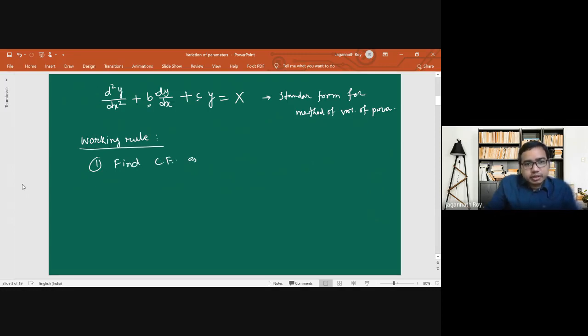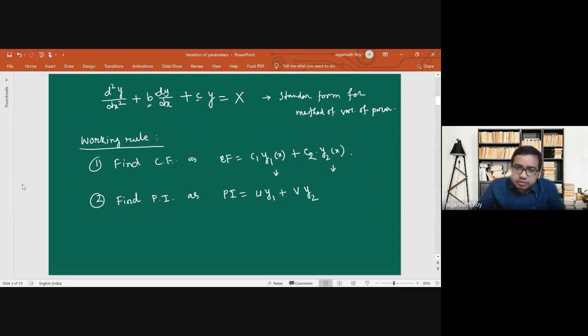Since this is a second order equation, the CF would be C1 into Y1 of X plus C2 into Y2 of X, some functions of X. Next, we have to find the particular integral as PI equals U into Y1 plus V into Y2.